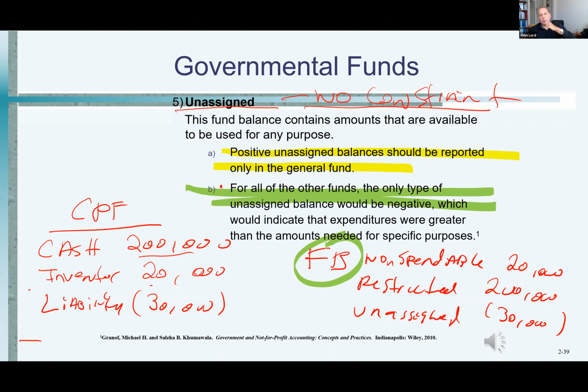They're saying that because all of the other funds, capital project fund, debt service fund, are funds that are not general. They have a special purpose, so any money they get is attached to that particular purpose. So there is no money that can just be transferred around, whereas the general fund has general resources and they can transfer it. Like in this example, I was saying probably the general fund would transfer 30,000 to the capital project fund. Okay, so only the general fund can have a positive unassigned. All other funds would have to have a negative unassigned.